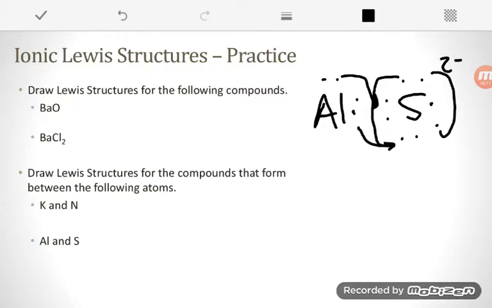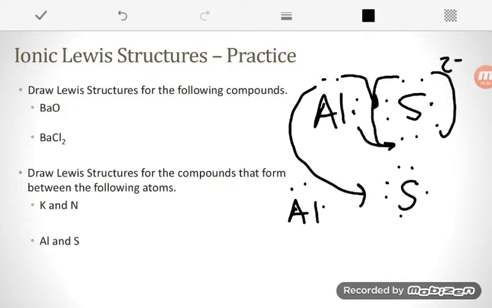But aluminum's not happy because he still has an extra electron. So what we need is we need another sulfur, which has 6. And now aluminum will give his last one away right here. So now that aluminum's happy, but this sulfur isn't happy. So what we do is we bring in a second aluminum that has 3. We say, all right, now you're going to give yours away right here, give you an octet.